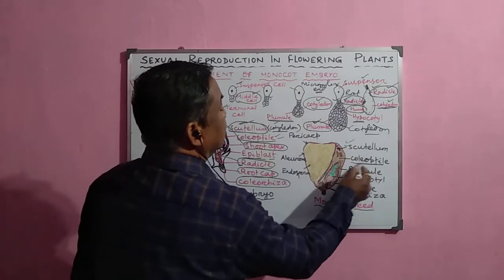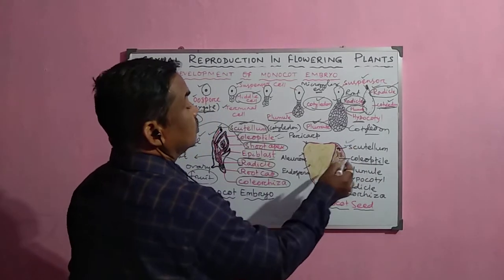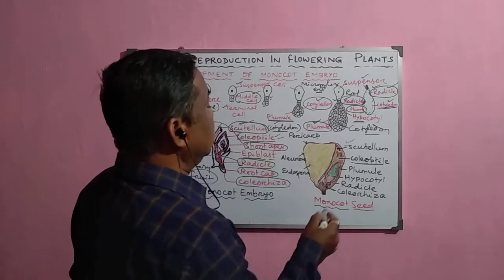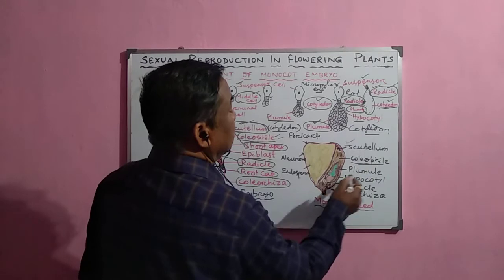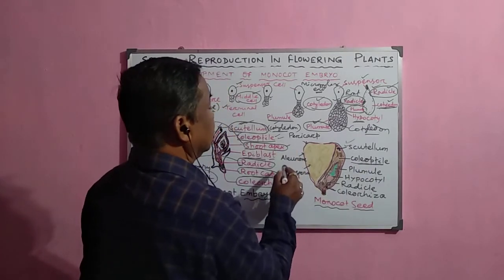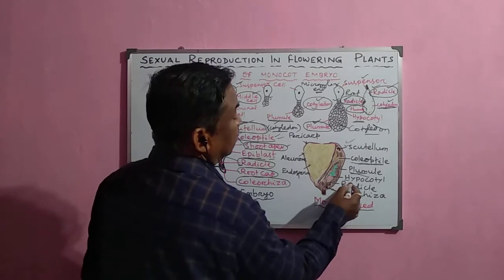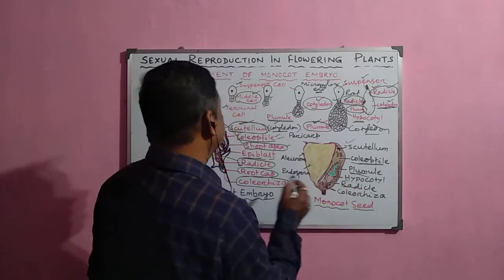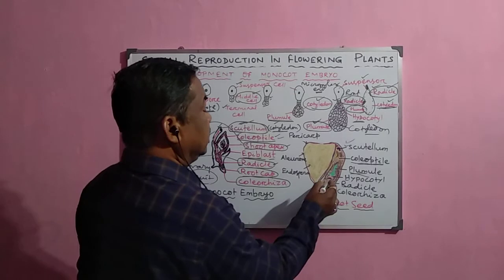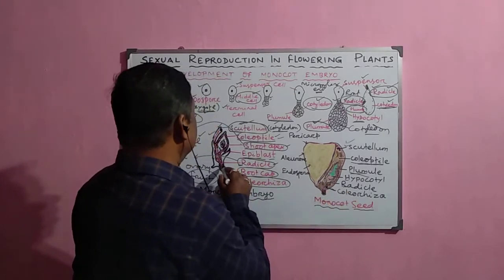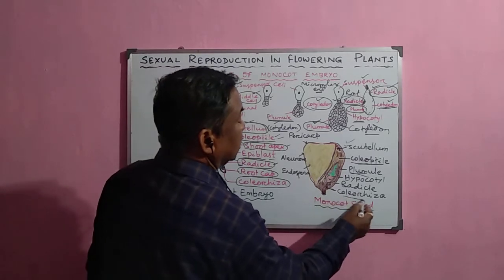And the coleoptile covers the shoot apex of the monocot plant. So this coleoptile covers the shoot apex, that is the plumule. After the hypocotyl region, you will find the radicle. This radicle is present in the lower part here, and it is covered inside a coleorhiza.